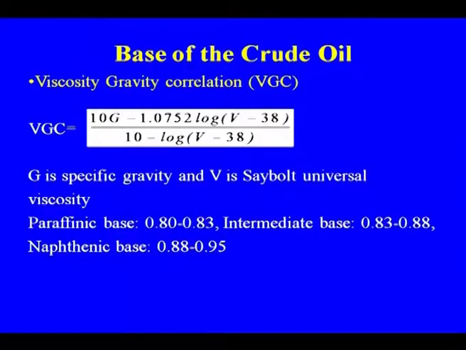There is also one more, the viscosity gravity correlation constant. This is for the base of the crude oil which I was telling about. Based on this factor, where the viscosity term is there, that is the Saybolt universal viscosity, which is one way of measuring viscosity. Various types of instruments are available for measuring viscosity.